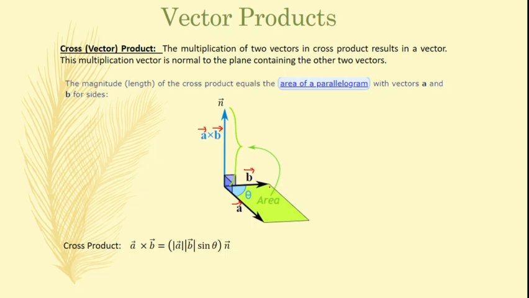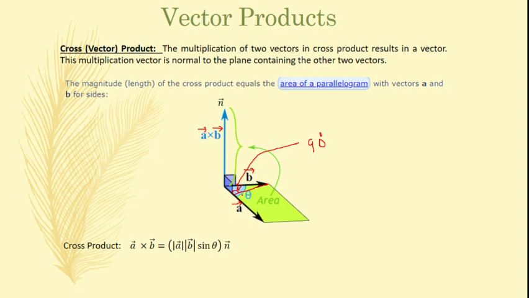Because if we draw a perpendicular from this point to this point, suppose this one is the perpendicular distance, this angle is 90 degrees. And this angle you already know is theta, which is the angle between these two vectors.